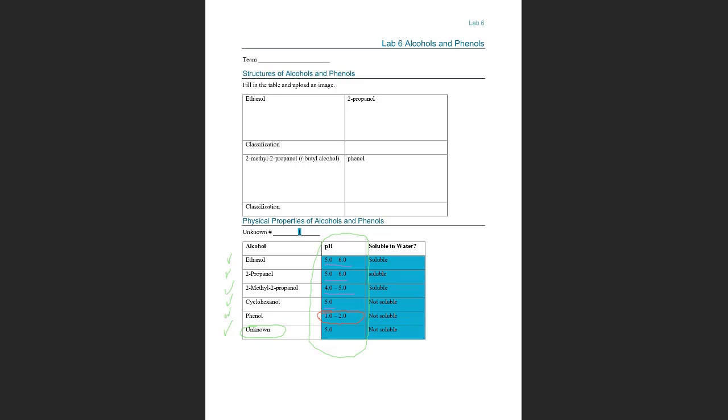If you add water and you see a clear solution and no separate layers, then you are in the presence of a soluble compound. But insoluble compounds will show a cloudy mixture or 2 separate layers when you add the water. So this is the first test that you are going to perform.